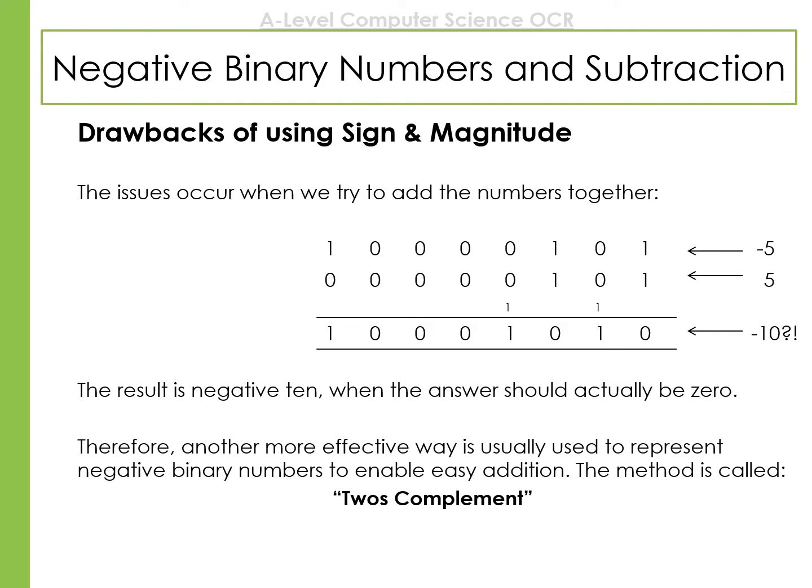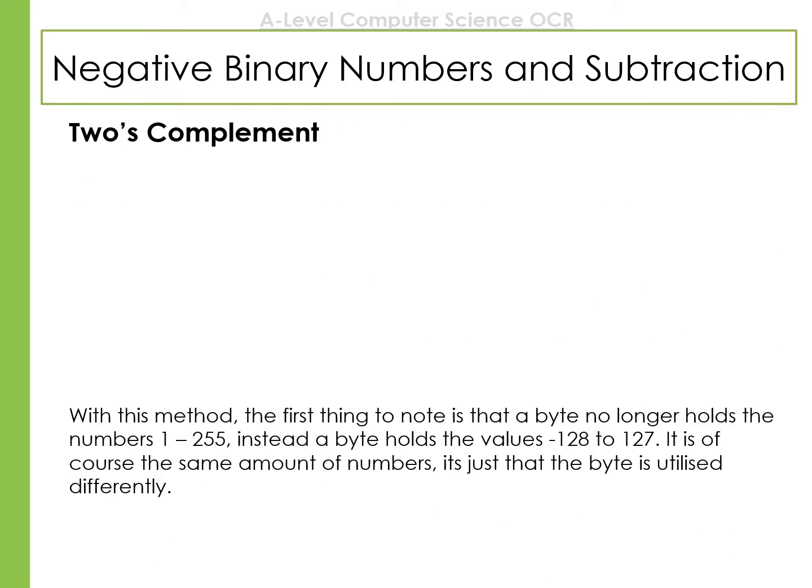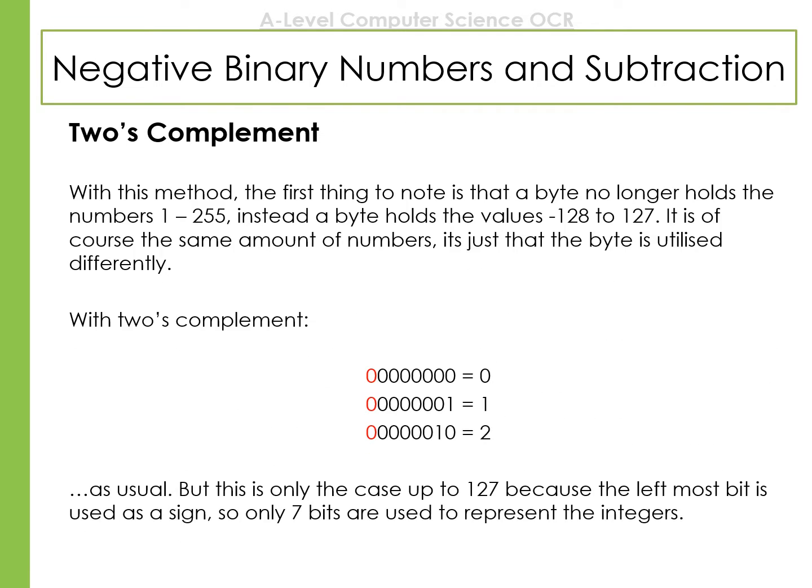We therefore need a more efficient way of doing this, and we use a method called 2's complement. With 2's complement, the first thing to think about is a byte no longer holds the values 0 to 255. Instead, a byte would hold the values minus 128 to 127.